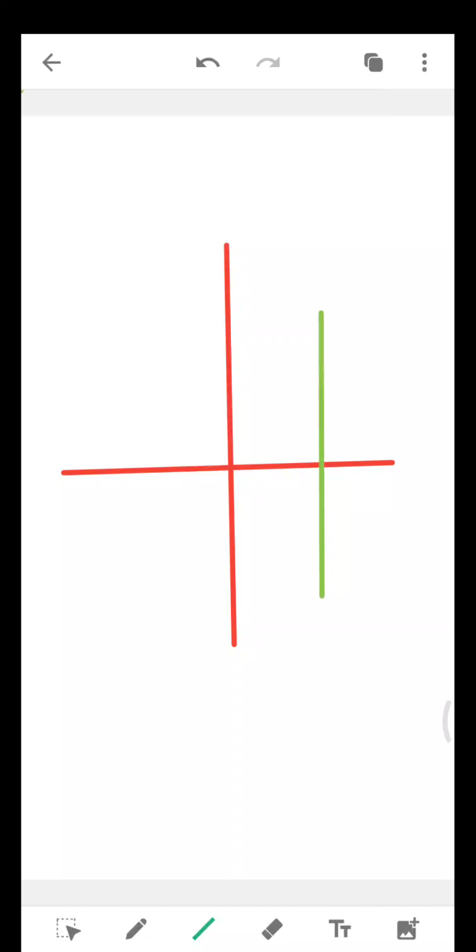It is divided by x-axis. This is the line segment AB, say AB. So this is divided by x-axis somewhere here. So what is the point on x-axis? X comma 0. Okay, the point P is here now. The point P is on x-axis. So the point on x-axis will be x comma 0.